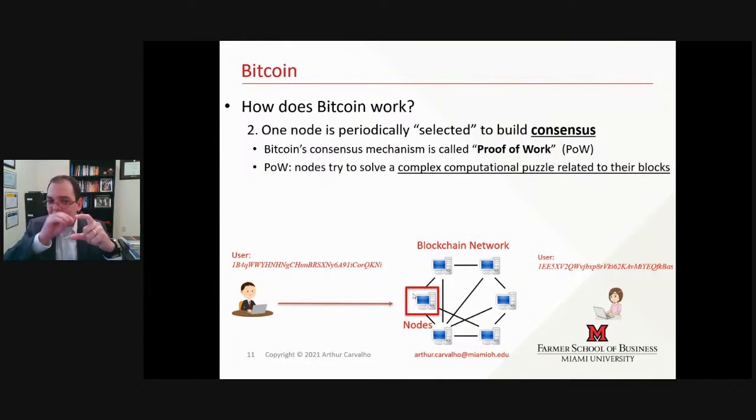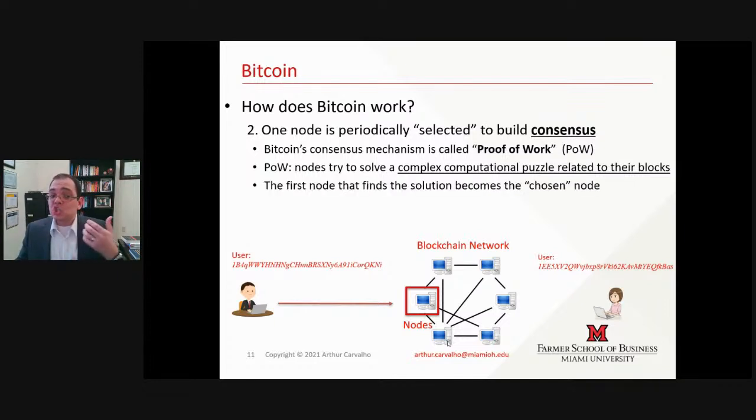There's a block, and from every single one of the blocks, we can derive a computational problem. So what does that even mean? It means that every single one of the computers in my blockchain network will now have one computational problem to solve. Now, whoever solves the problem first will be the quote-unquote chosen one, the one that will be able to come forward and say, hey, everybody, drop your blocks, let's process my block, because I was the first one to solve the puzzle.